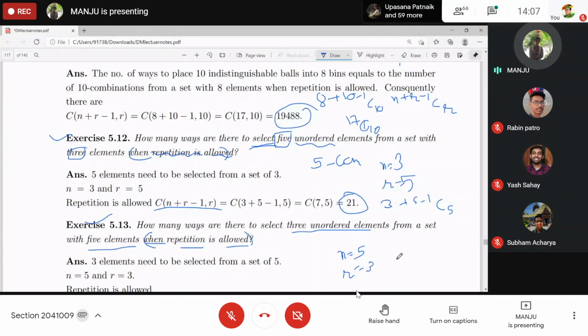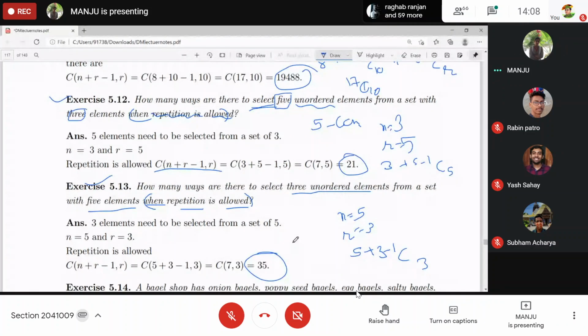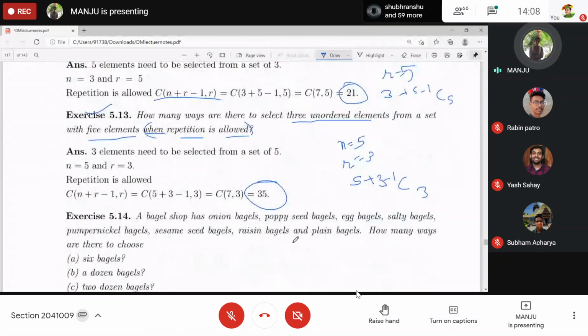So it is 5 plus 3 minus 1 C 3, which is 7 C 3, that is 35. Clear?